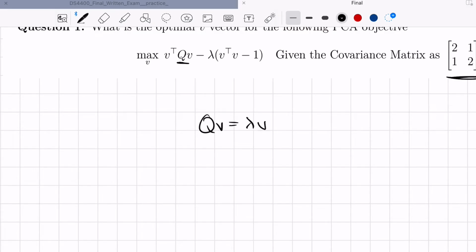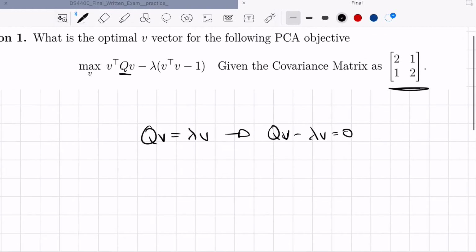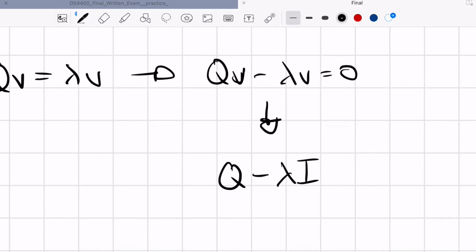Using this equation, we can rearrange this into QV minus lambda V is equal to 0. And we can simplify that even more, and we get Q minus lambda I. This is just the identity matrix, and I use I here just to turn this scalar into an actual matrix that we can subtract from Q.